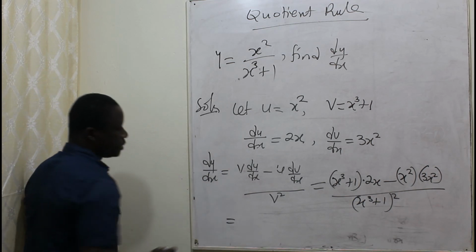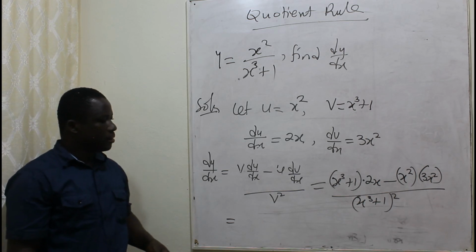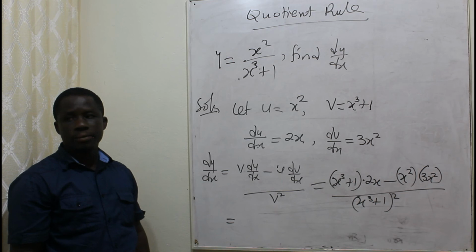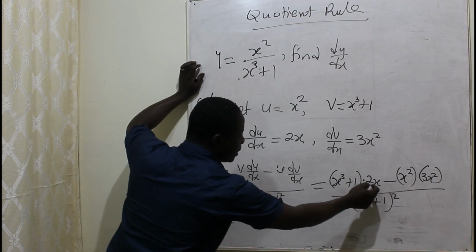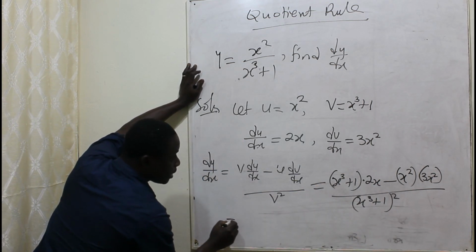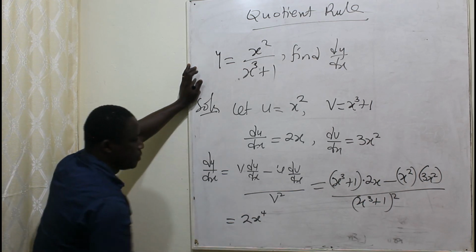We can now continue the solution at this level. We do expansion and see what we will get at the end. So let's expand. 2x times x cubed will be 2x exponent 4.